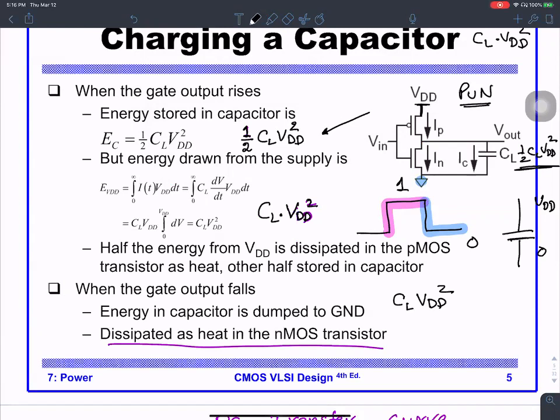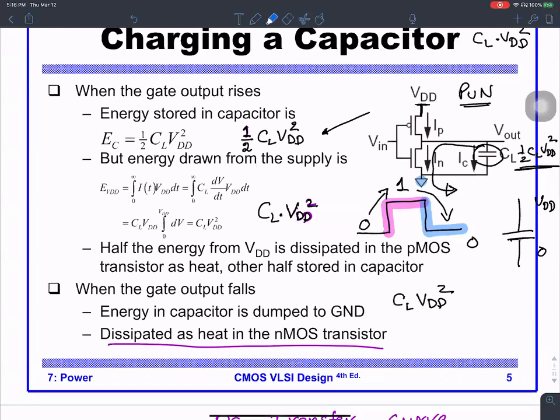So when the capacitance is transitioning from 0 to 1, half of the energy is dissipated in the PMOS, and the other half is stored in the capacitance. When the capacitance transitions from 1 to 0, that is when all the stored energy is dumped to ground and dissipated as heat.